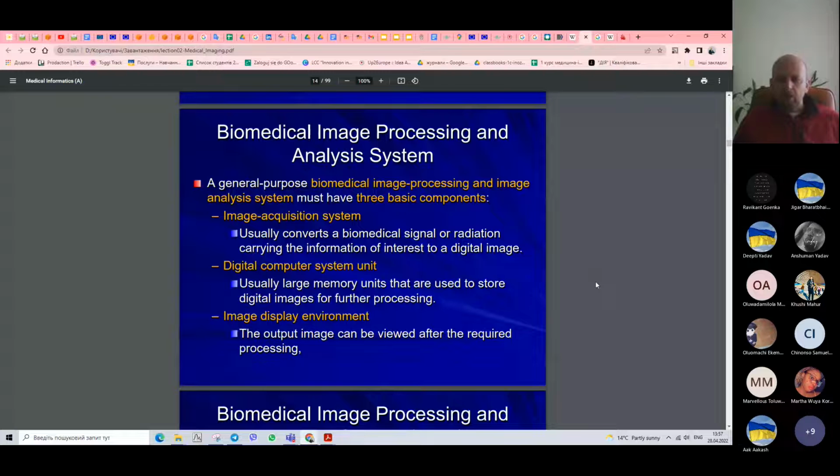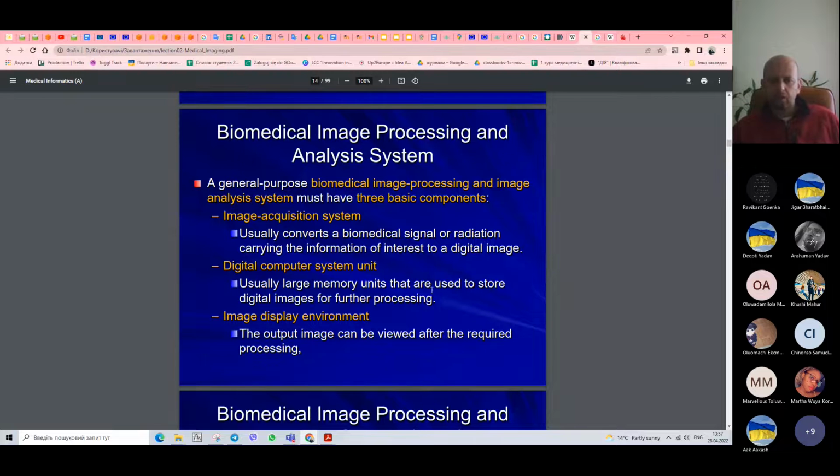Second, a digital computer system, usually with large memory units used to store digital images for further processing. Third, the image display environment, where the output image can be viewed after the required processing.